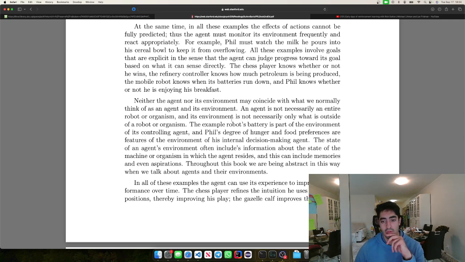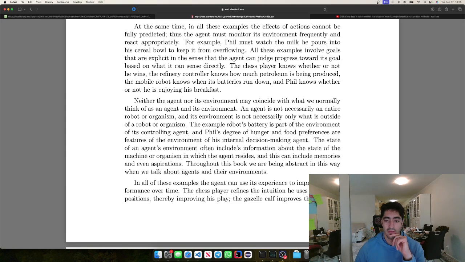The example robot's battery is part of the environment of its controlling agent, and Phil's degree of hunger and food preferences are features of the environment of his internal decision-making agent. The state of an agent's environment often includes information about the state of the machine or organism in which the agent resides, and this can include memories, even aspirations.